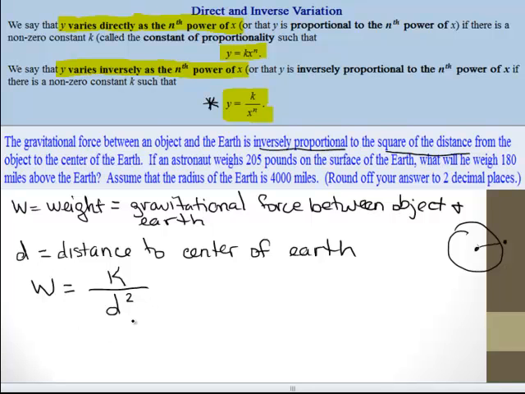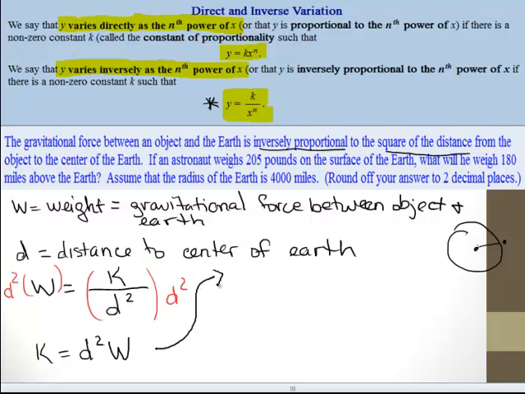Well, if we wanted to calculate k, we need to solve this formula for k. If we were to multiply both sides by d squared, we would solve this for k. So we would have k is equal to d squared times w, or w times d squared, either way.